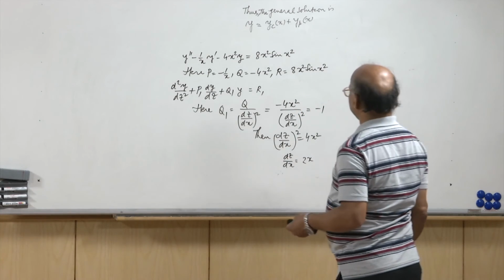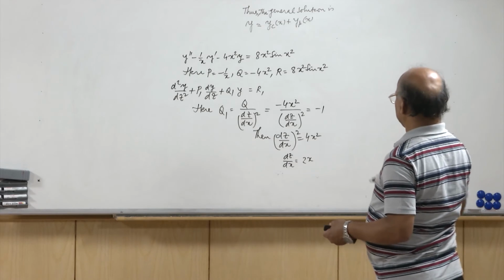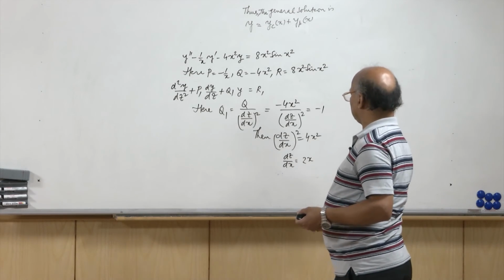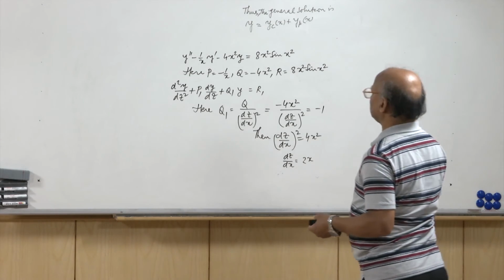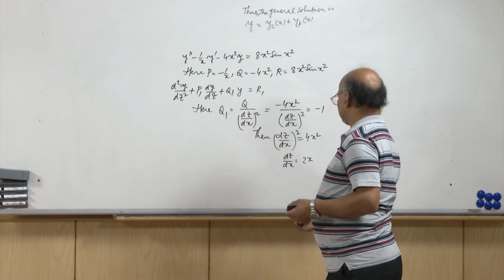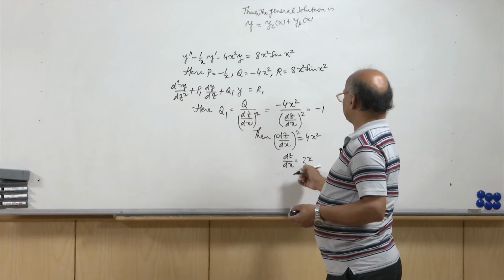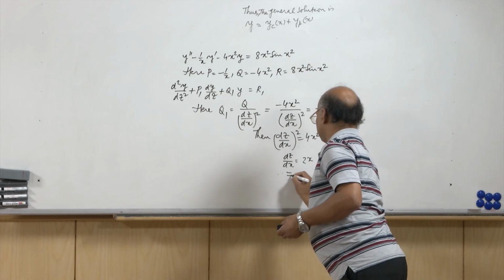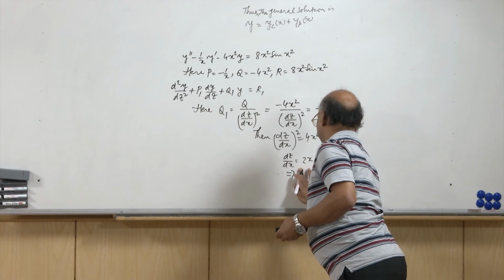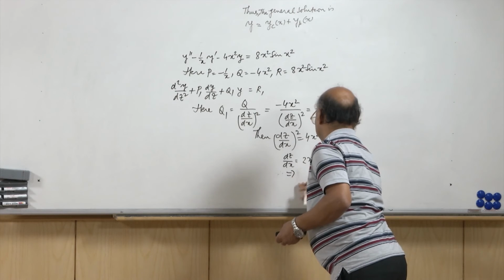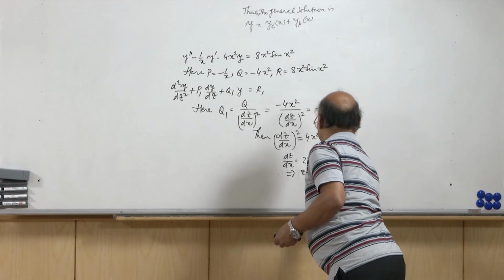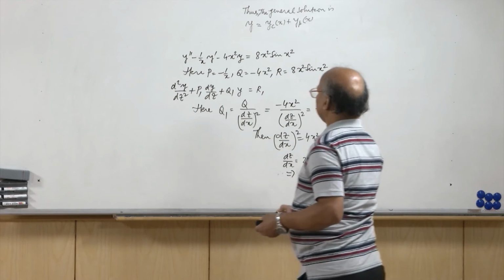One can take dz by dx equal to minus 2x also, that will give you other relation between x and z. So, the equation will be changed accordingly. So, we are taking positive sign here. So, dz by dx equal to 2x, this gives you z as x square. Okay, so that z as x square.